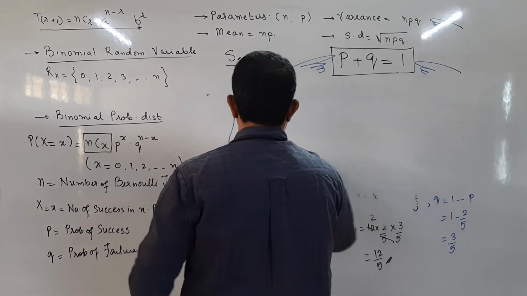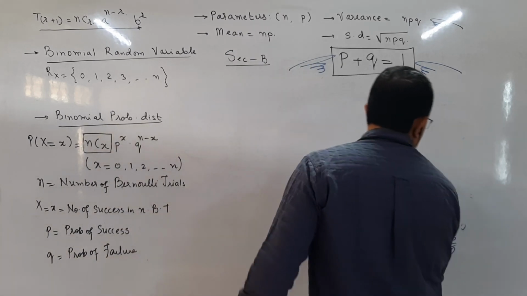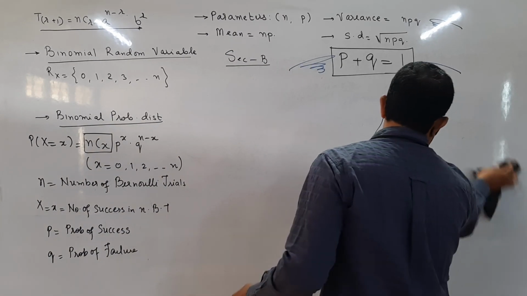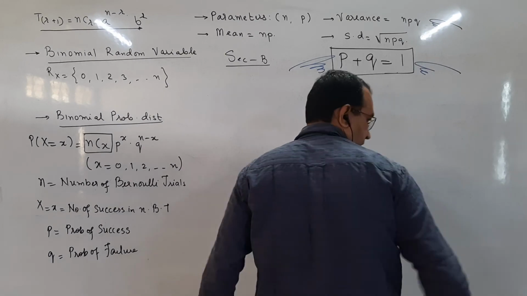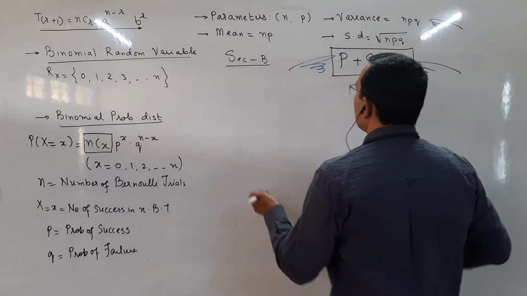Students, let us do the next included sums in our syllabus. The next question: state the relation between the probability of success and failure in Bernoulli trials. Already written, P plus Q is equal to 1.